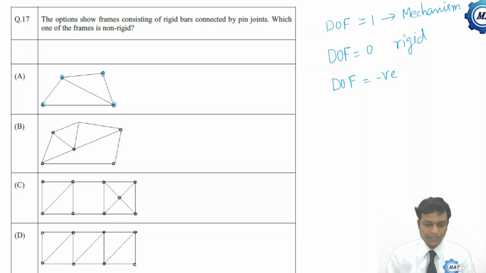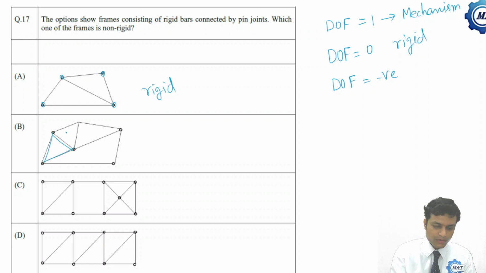or non-rigid. So this is obviously 4 bars and 4 revolute pairs or pin joints. This is a structure or rigid. This is also a 3 member loop. This is also rigid. This is also a truss structure. You can see this extra member is there.